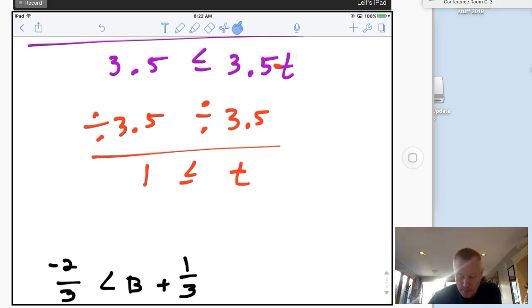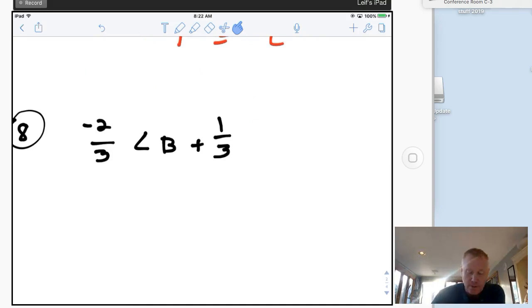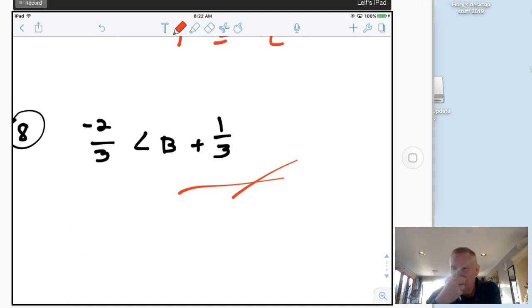All right, next one. Negative 2/3 is less than b plus 1/3. All right, so next, what I'm going to do here is get that b alone.